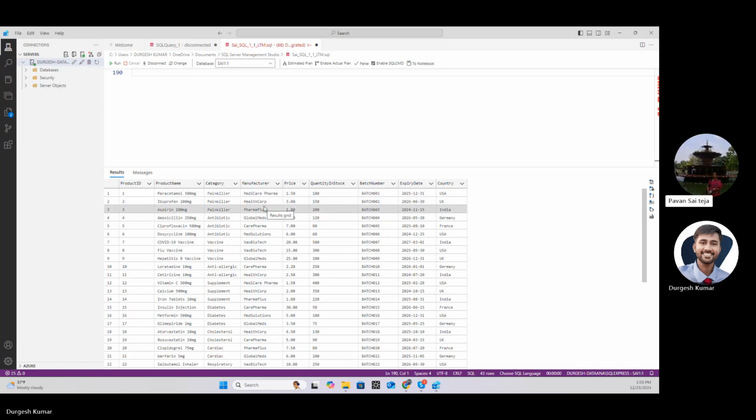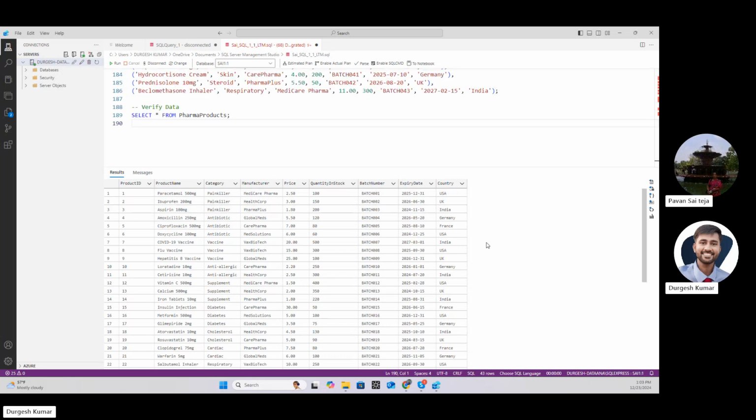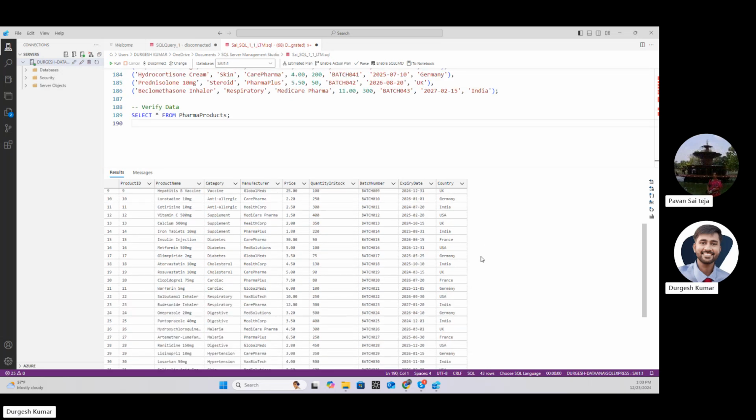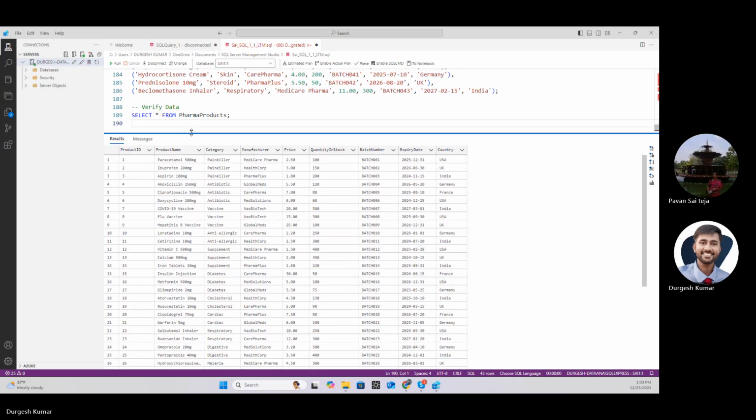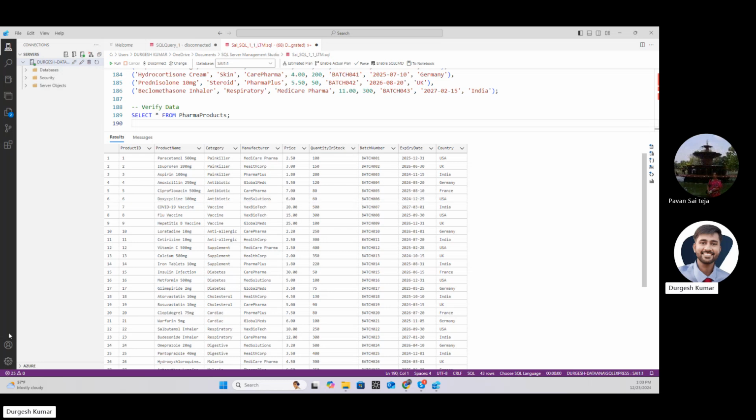Durgesh, can you please increase the font a little bit? I don't think it's possible for the table. I don't think it will zoom, but yeah, I can try. Just hold on.